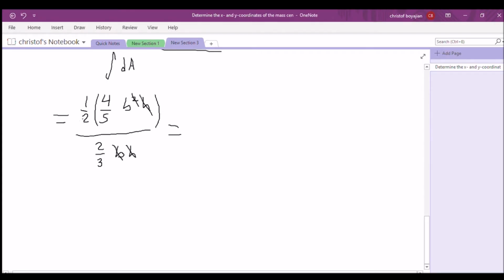Okay, let's simplify this actually. So this should be 2/5. And then we can cancel out the 2's here. And then 3, it should simplify to 3/5 b. 3/5 b. So that is our x-coordinate of the centroid.